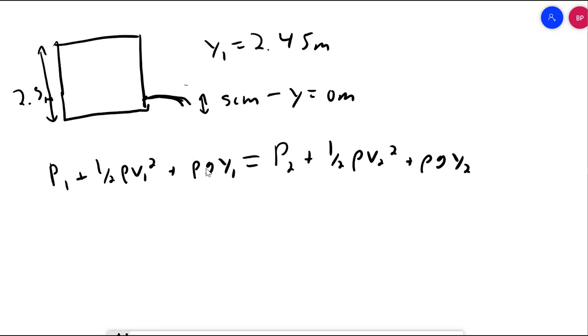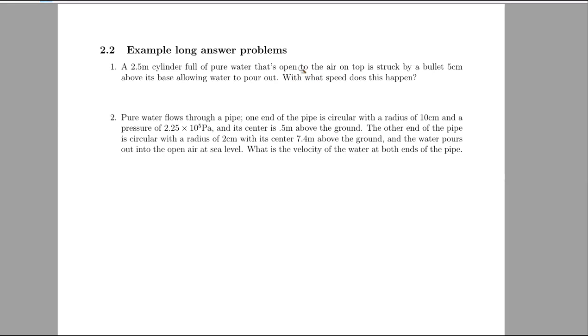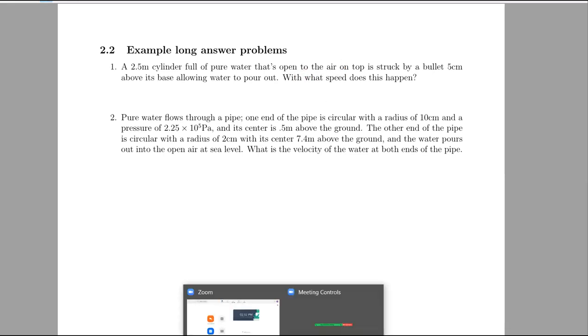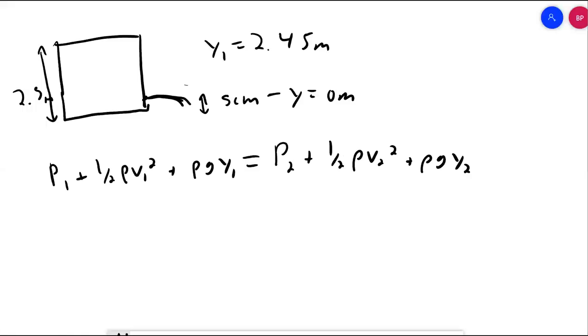Okay, now what about the pressures? Believe it or not, all the information to find both pressures is already given in the problem. Our problem says that the top of our container, the top of our cylinder is open to the air, which means that the pressure for that part must be the atmospheric pressure, that 1 times 10 to the 5th pascals. But where the water pours out here, it is also open to the air. So the pressure there must be the same.